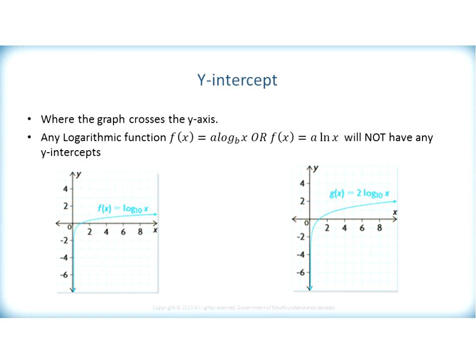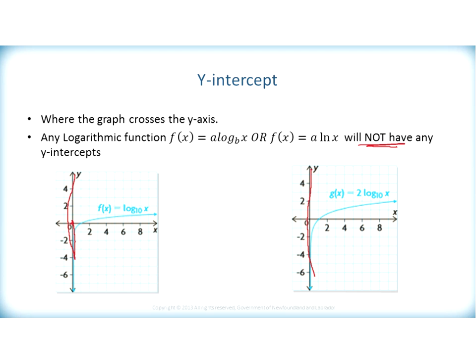The y-intercept, of course, is when the graph crosses the y-axis, and any logarithmic function of the form f of x equals a times log x base b, or f of x equals a times ln x, will not have any y-intercepts. Since x cannot equal 0, it will never cross the y-axis.